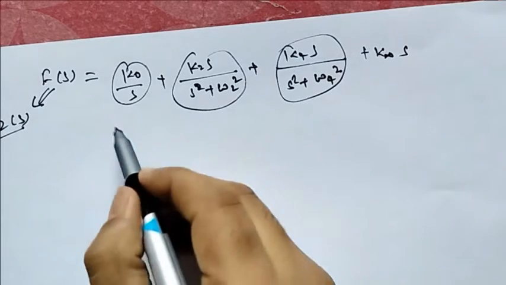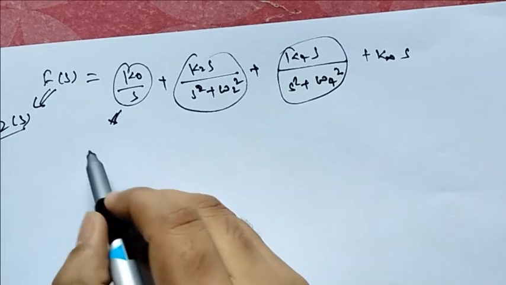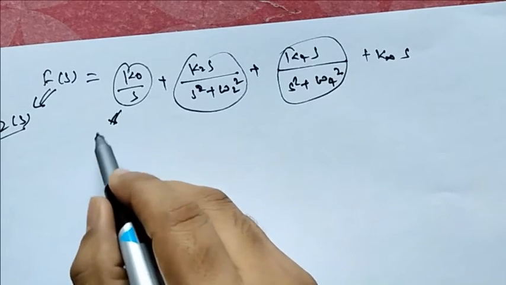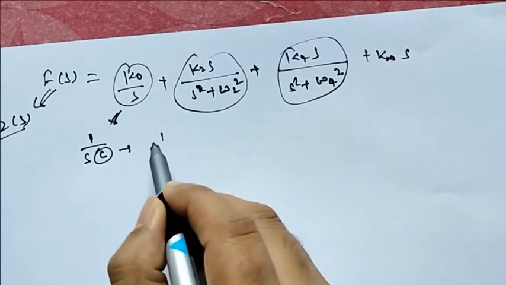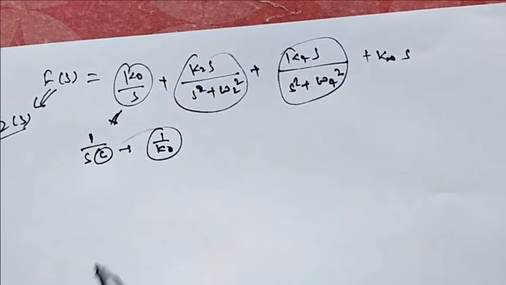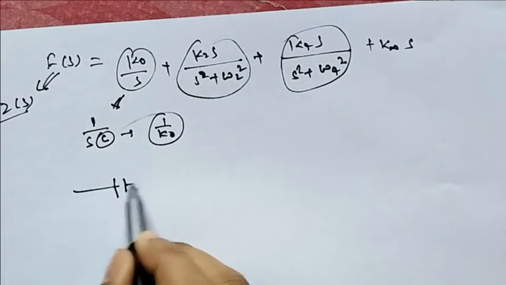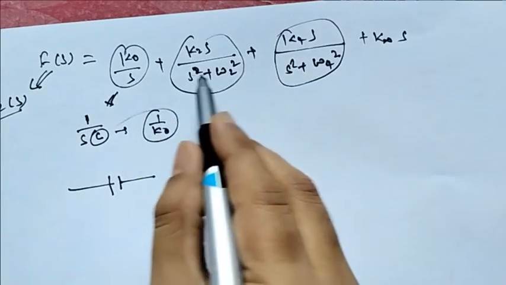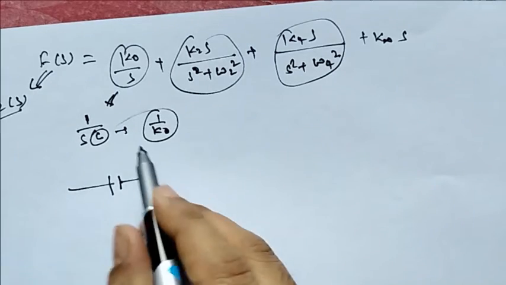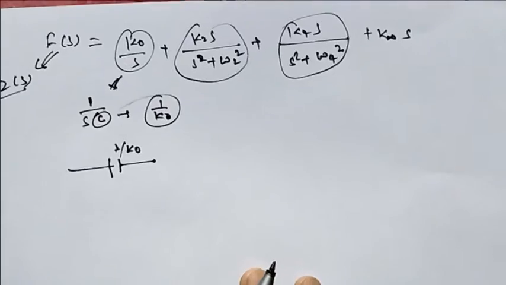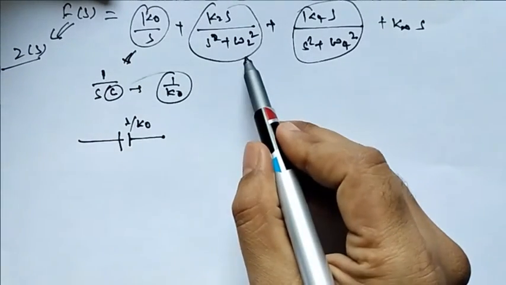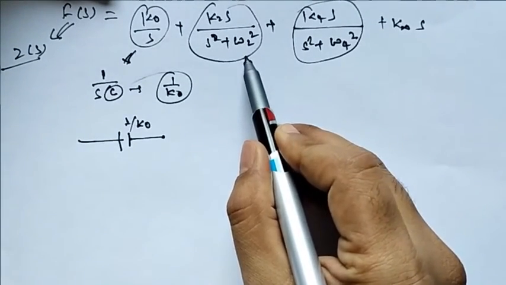When all the terms are impedances, what does it represent? It will represent a capacitor, because 1 by sC, and C is 1 by K naught. So it must represent a capacitor, and all are added in series. So it will be 1 by K naught, and this is also an impedance.